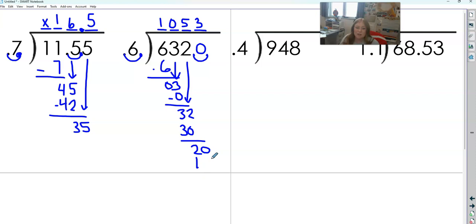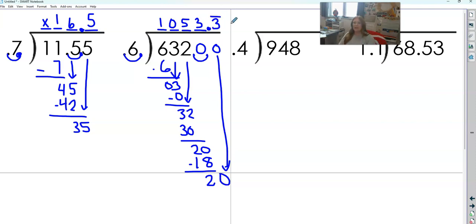And then this is actually going to go on forever and ever. So I'm going to bring this decimal up, right? And if I add another 0 here, it's just going to keep going in there 0.333333 forever and ever and ever, because that's going to keep being 18. We'll bring down a 2, so we can just end it there.